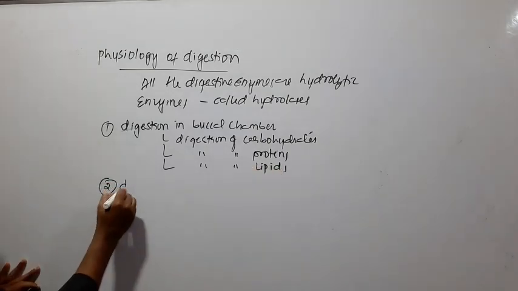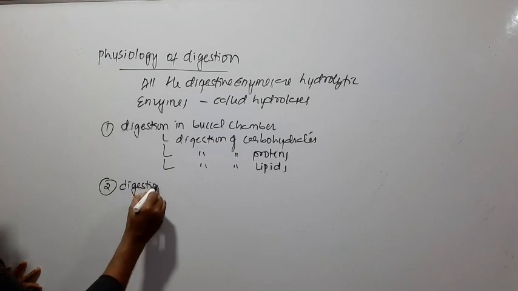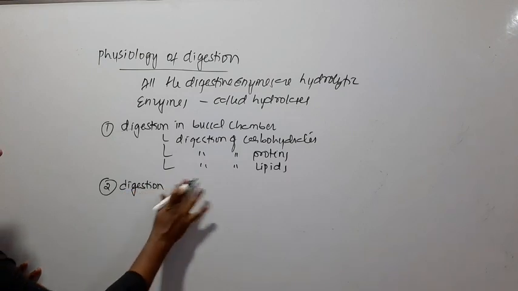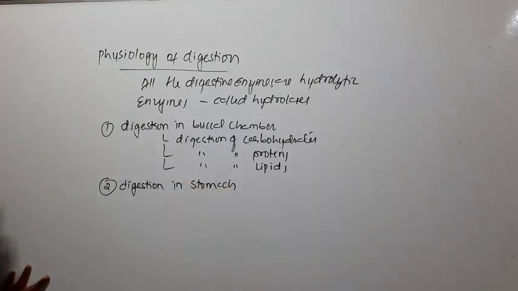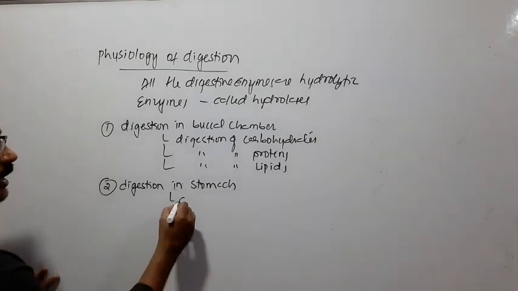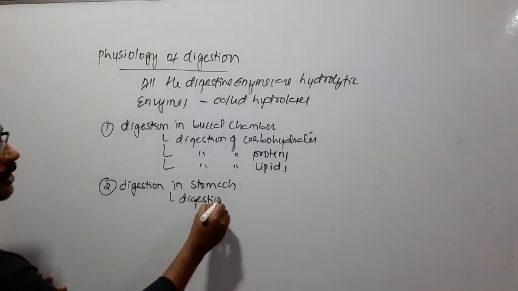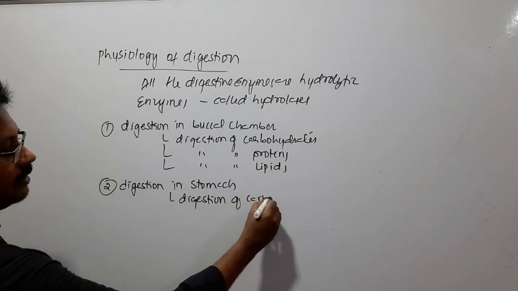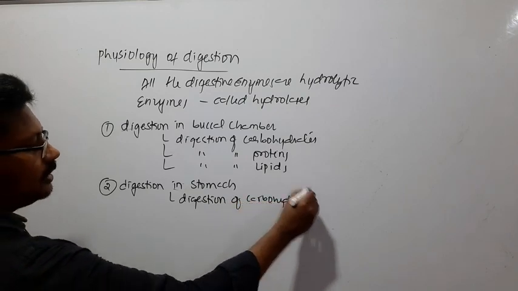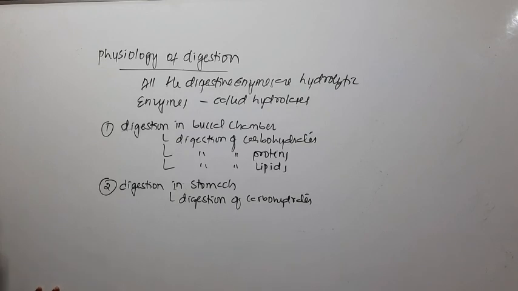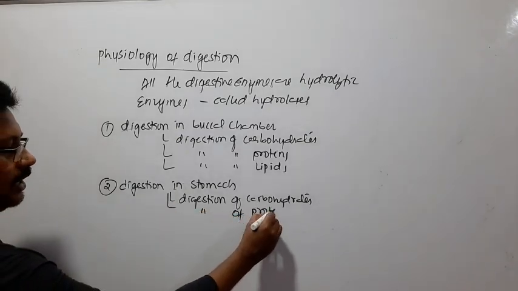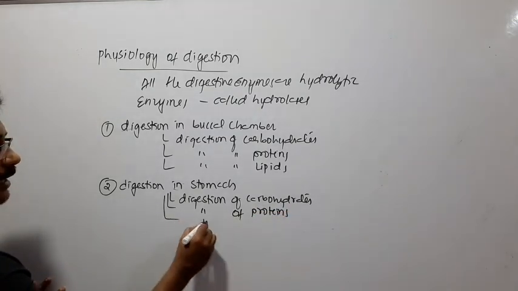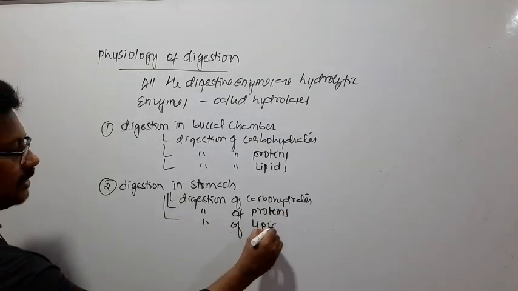Then next we shall see the digestion in the stomach. So here there will be no digestion in the case of the esophagus. The next one, digestion of, again, carbohydrates. So how the digestion of carbohydrates takes place in the stomach. Then the digestion of, again, proteins, and then digestion of lipids.